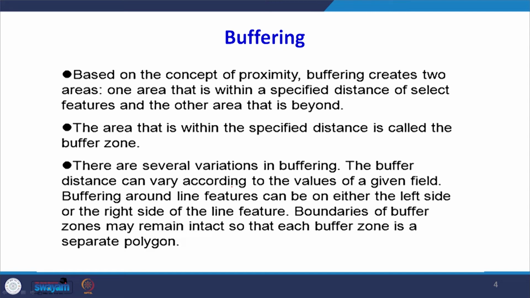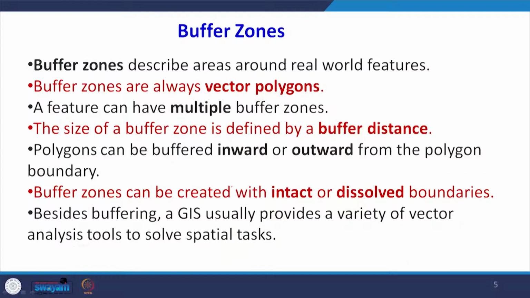There are several ways of creating the buffer for a given feature. For example, in a polygon we can create a buffer inside the polygon and outside the polygon, which we will see here. Buffer zones describe the areas around real world features, which are point, line and area features, and buffer zones will always be around the vector features.